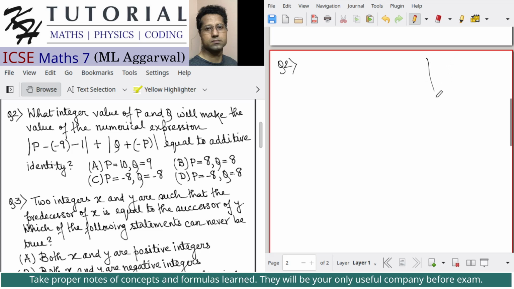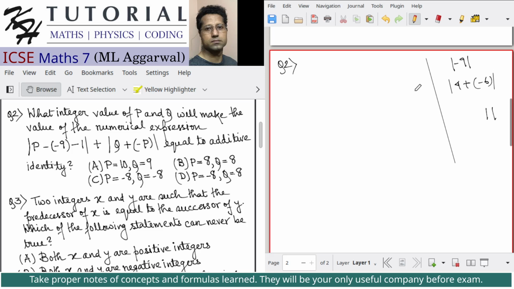So this is the absolute value of minus 9. This absolute operator has only one single integer inside it, but this one, 4 plus minus 6, you can say is an absolute term. Why? Because there is a numerical expression inside the absolute operator. By absolute operator I mean this absolute notation.